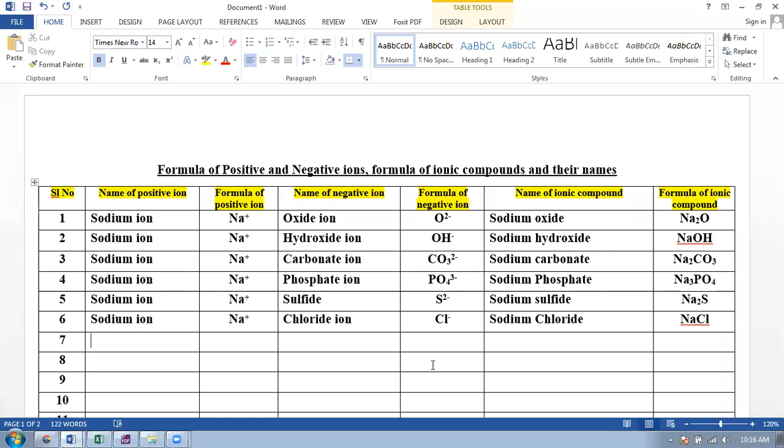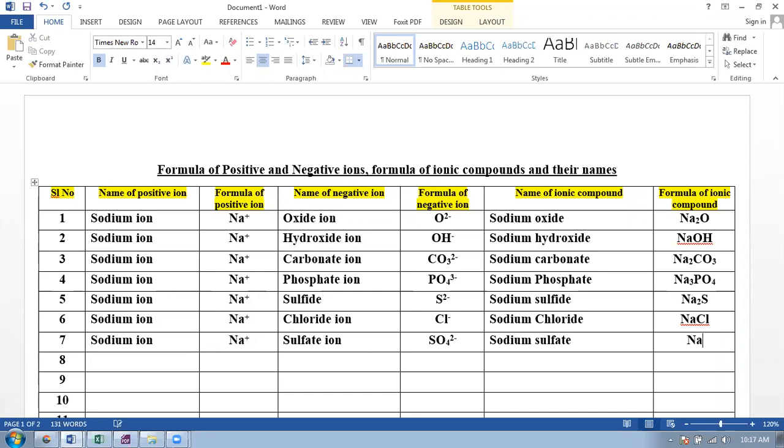All right, sodium ion, and how many ions left? For example, sulfate ion, SO4 2 minus. Here you have to write first of all sodium sulfate.